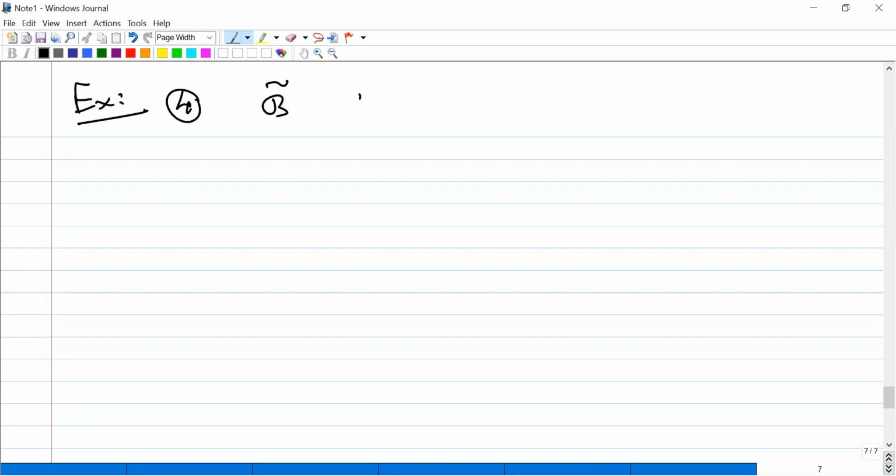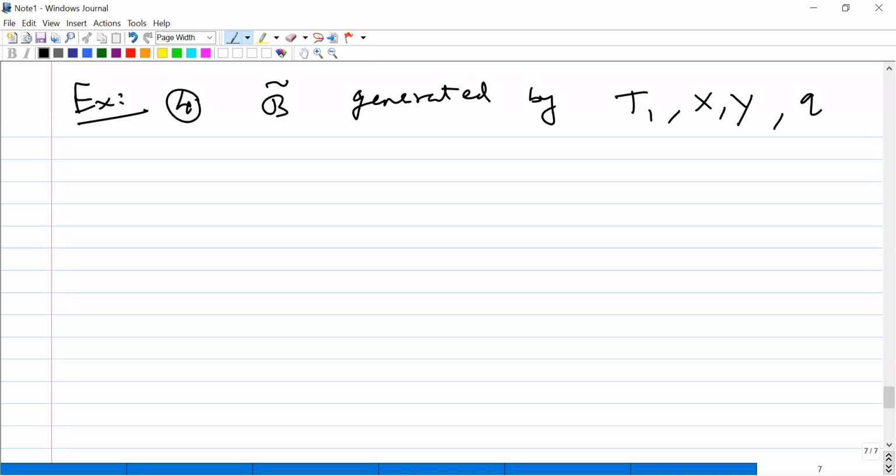So B tilde is generated by, what I can do, if you remember, for the braid group, we can simply change the generators from G, T naught, T1 to only T1 and Y. Okay, so we can do the same thing for the double affine braid group. So if I change that way, then the new generators will be T1, X and Y.